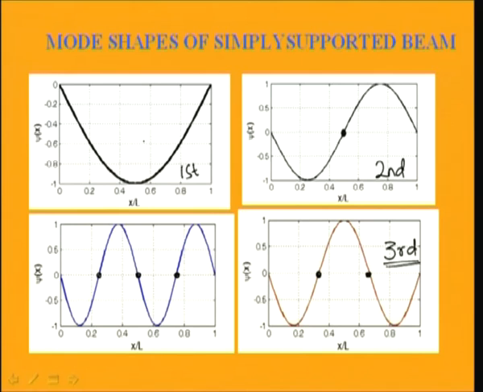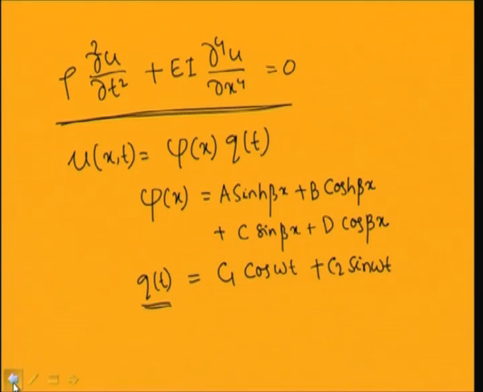The expression for the fundamental frequency we have also found. The expression can be written in this form: omega equal to beta square L square into root over E I by rho L fourth.